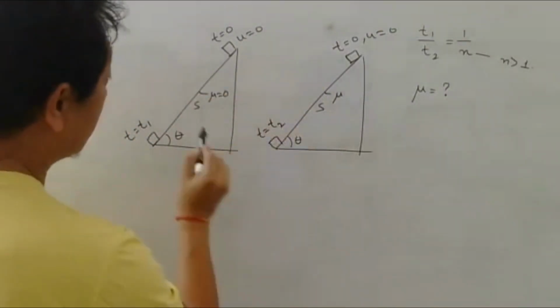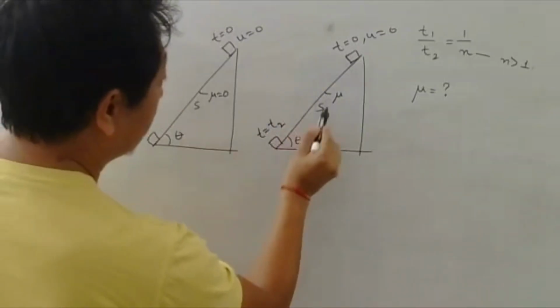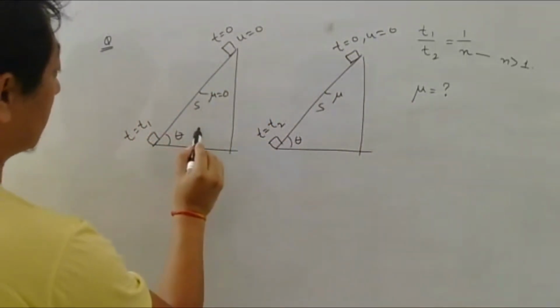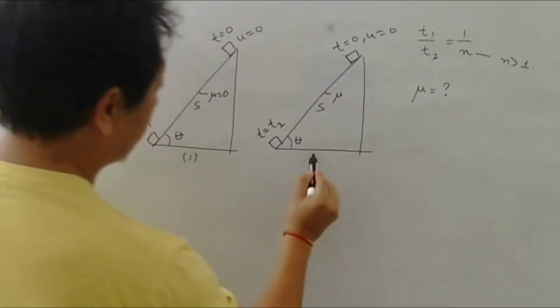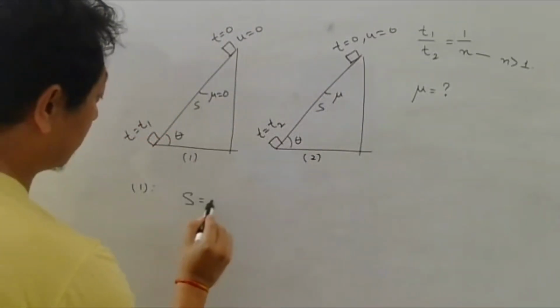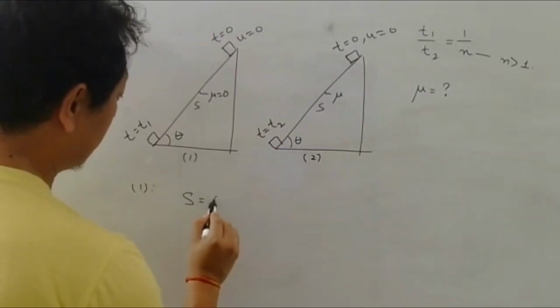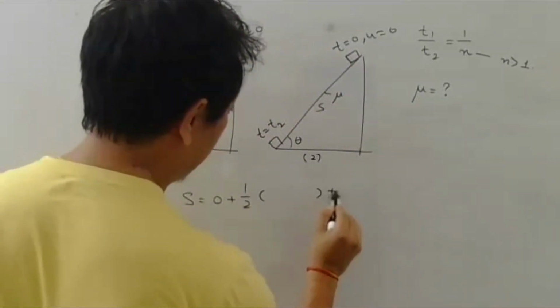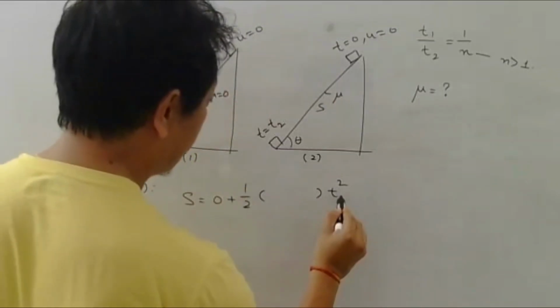Now, in both the cases, what is same? S is same. U is 0. So from here to here, for first case, what will be S equals to? U is 0. So 0 plus half A T square, T1 square.